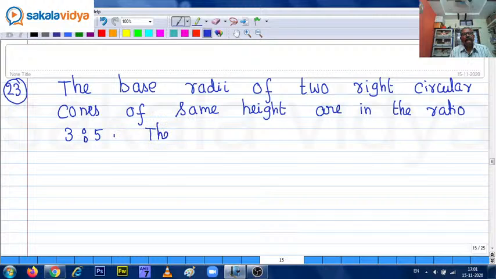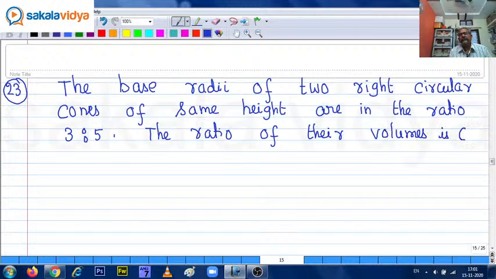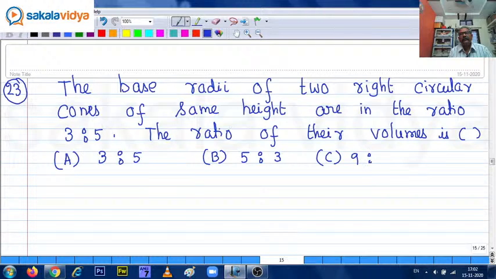The ratio of their volumes is: option A 3:5, option B 5:3, option C 9:25, D is 27:125. I think D will be the answer.